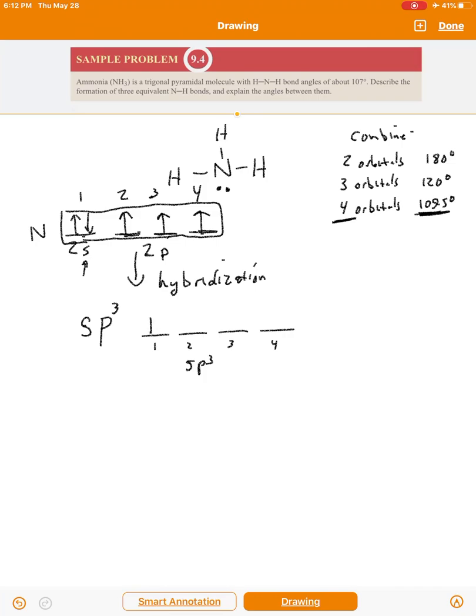So I'm going to use Hund's rule. 1, 2, 3, 4. Got one more. Where's it going to go? Well, it's got to go in one of these. I'll pick the one on the left. And there you go. So now here's what we end up with. 4 equivalent orbitals, one of which has 2 electrons. That would be the lone pair. And then 3 of which have 1 electron. These could be used to form bonds.